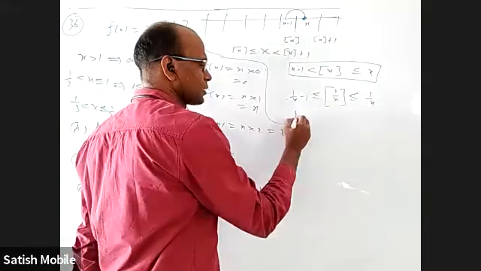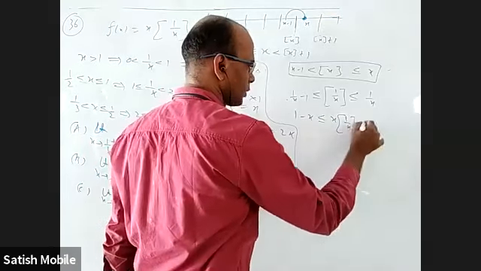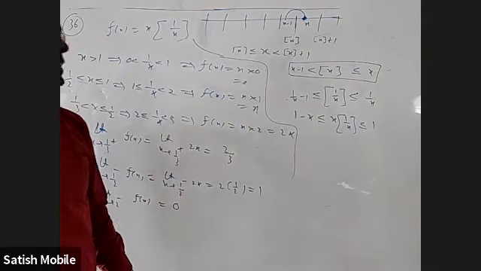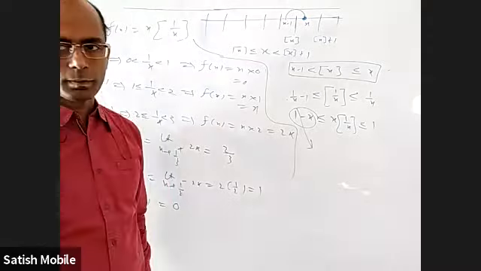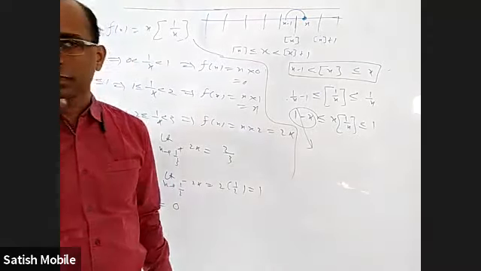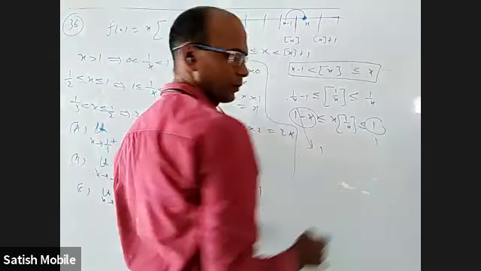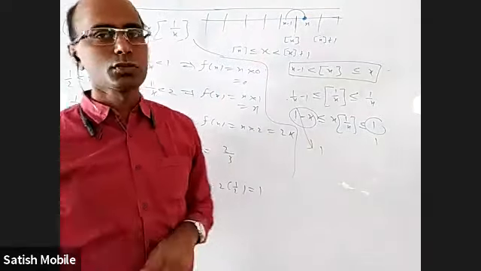This becomes 1 minus x less than or equal to x times the integer part of 1 by x, less than or equal to 1. Now tell me, when x is tending to 0, what is the limit? 1 minus x tends to 1, and this is anyway 1. The limit should be 1. This is a proper proof.